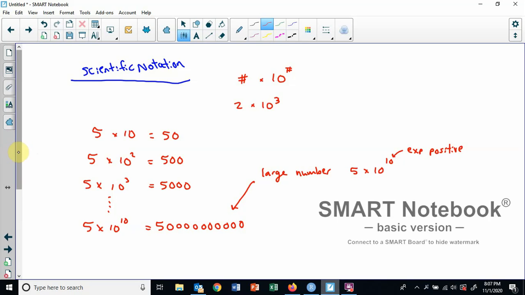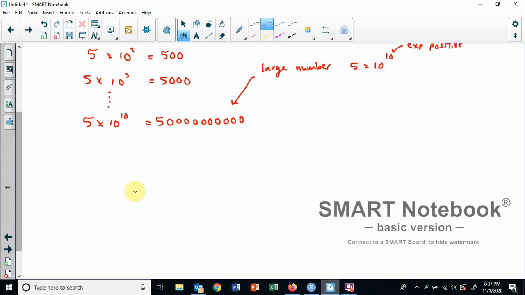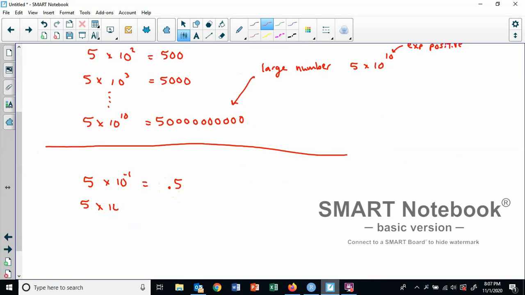So then likewise, if I want to represent a really small number, let's do the same kind of talk here. If I do 5 times 10 to the negative 1, what that's going to do is put a decimal place in front of the 5. 5 times 10 to the negative 2, so that's 2 tens backwards. And so that would put another decimal place in front of the 5. 5 times 10 to the negative 3, that's going to put another decimal place in front of the 5.